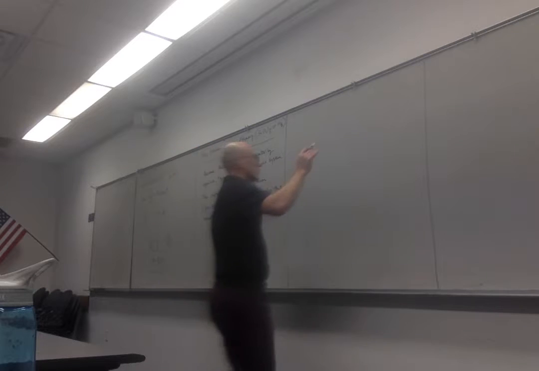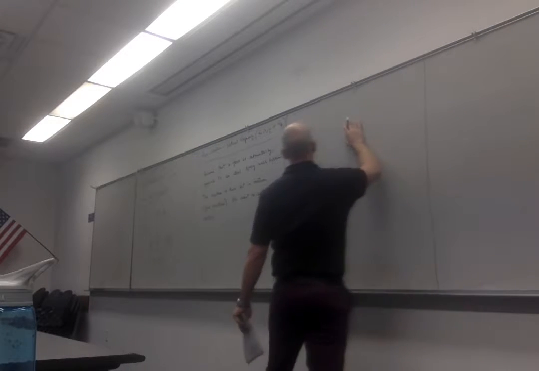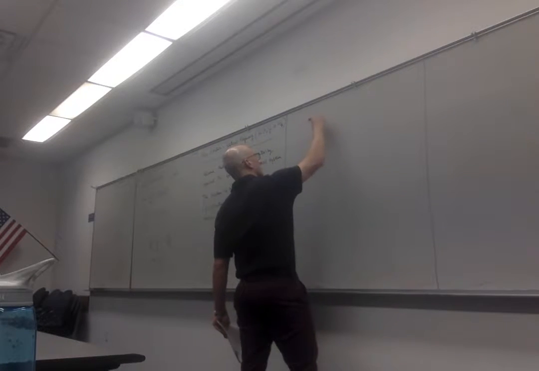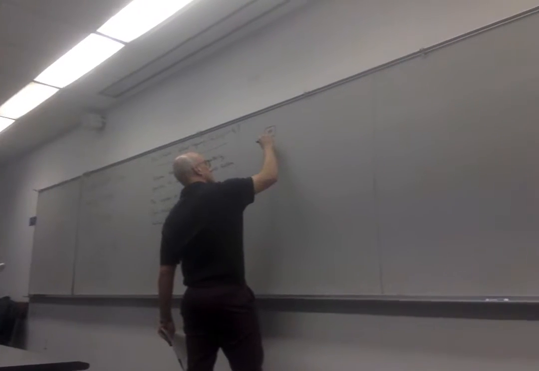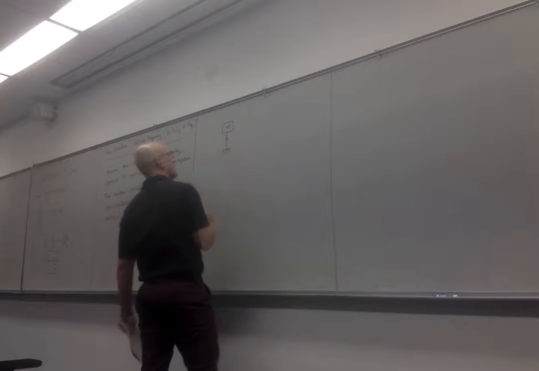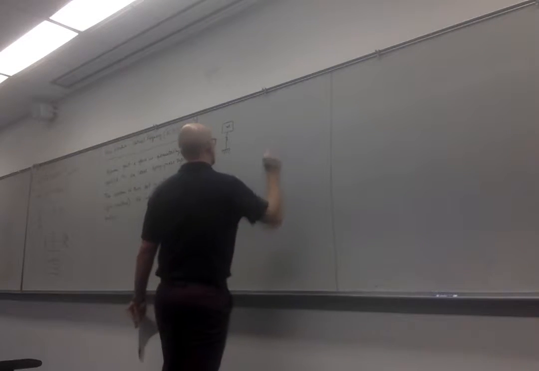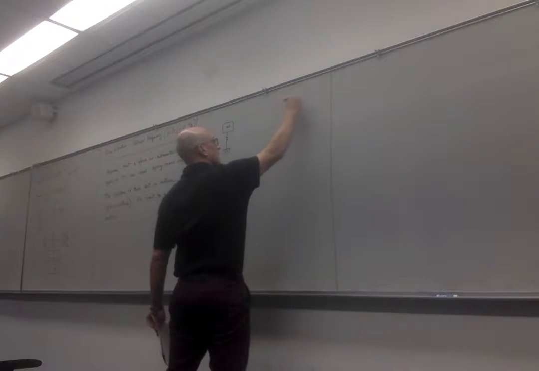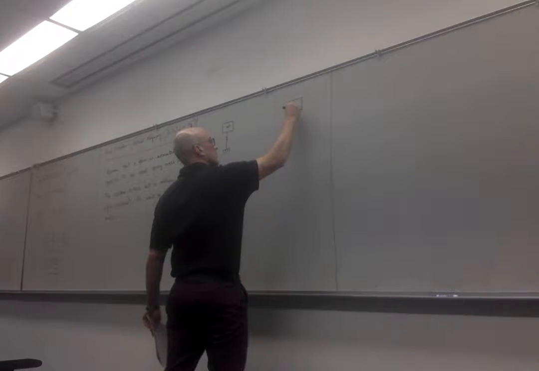I'm going to go here so that you have space to start to write this down. So we have our mass that sits on a spring like this. I'm going to have two drawings in parallel here, if you don't mind.